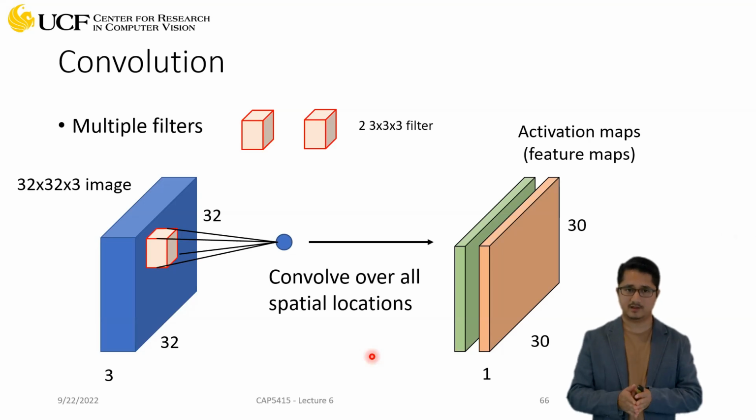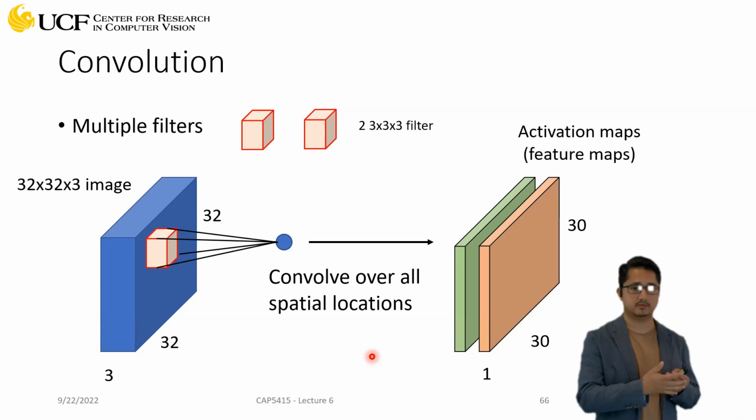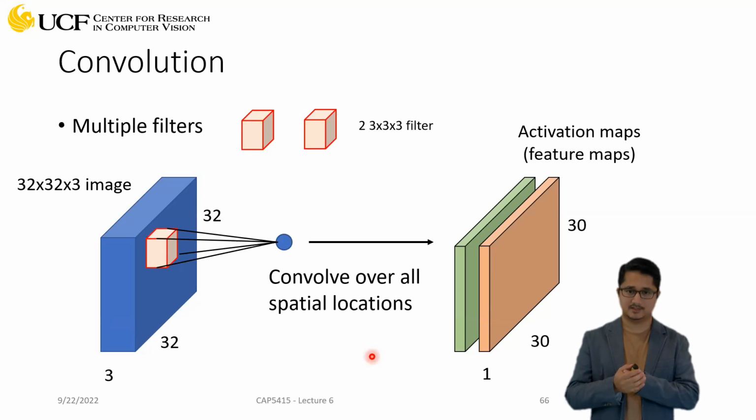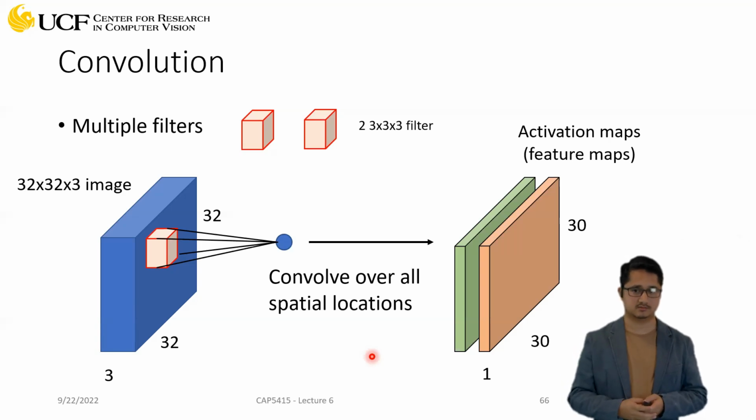So if we have a set of these filters, then we can find all those patterns in the input image. And depending upon that pattern matching, if some set of patterns are present, we can use that information for inference for any kind of downstream task, whether it's classification or something. So that in a way is trying to find features in your input images.